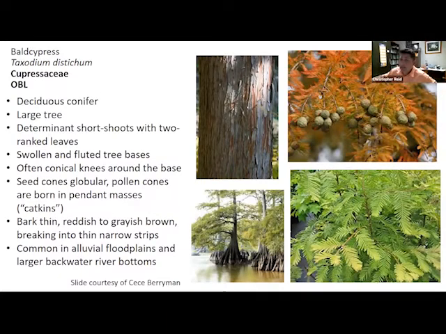This is a rather unique large tree. It's a deciduous conifer. Interestingly, I don't know if y'all knew this, but each little feather-like structure here is actually not a leaf, but a shoot. Technically it's called a determinate short shoot.